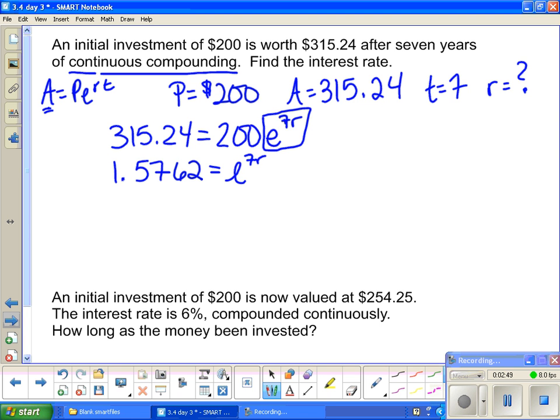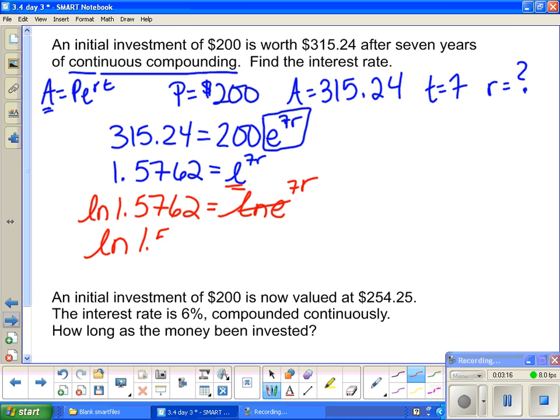All right, now I need to take the natural log of both sides because I need to use the inverse operation of an exponential base E. So I'm going to use the natural log on both sides. That cancels, and I get the natural log 1.5762 equals 7R.